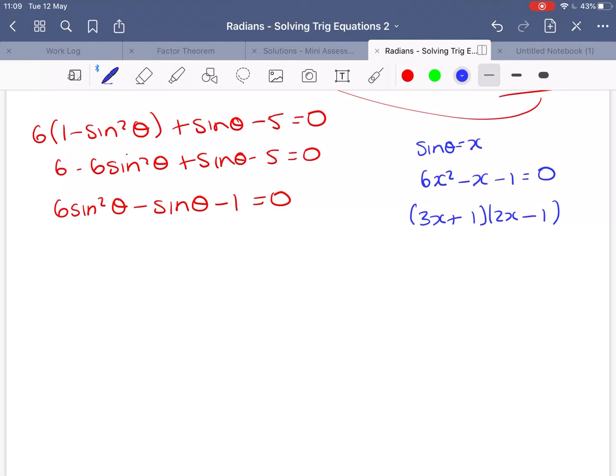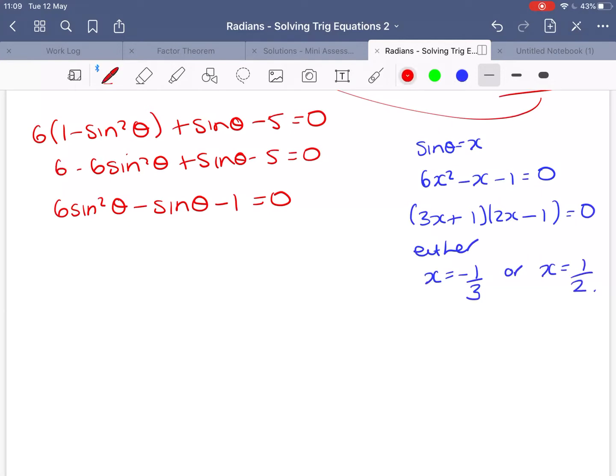It'd have to be 3x plus 1 and 2x minus 1 equals 0. So I would have either x equals minus 1/3, because 3x would equal minus 1, or I would have x equal to a half.